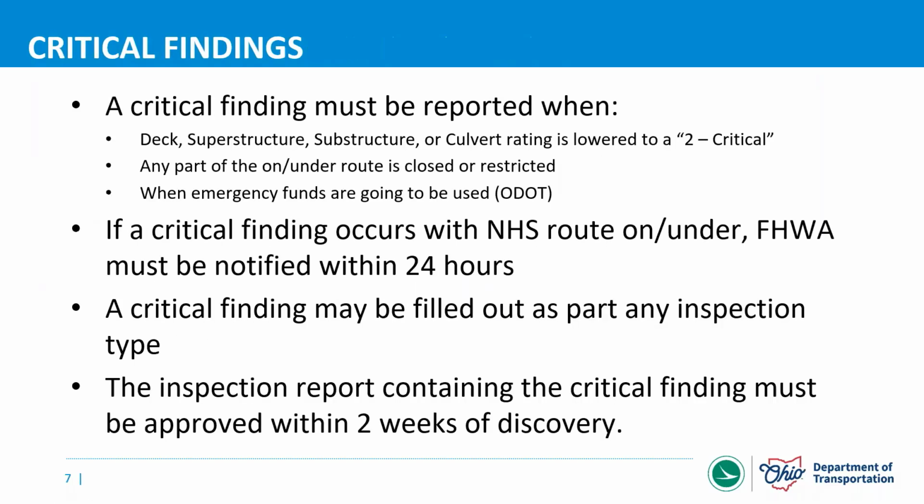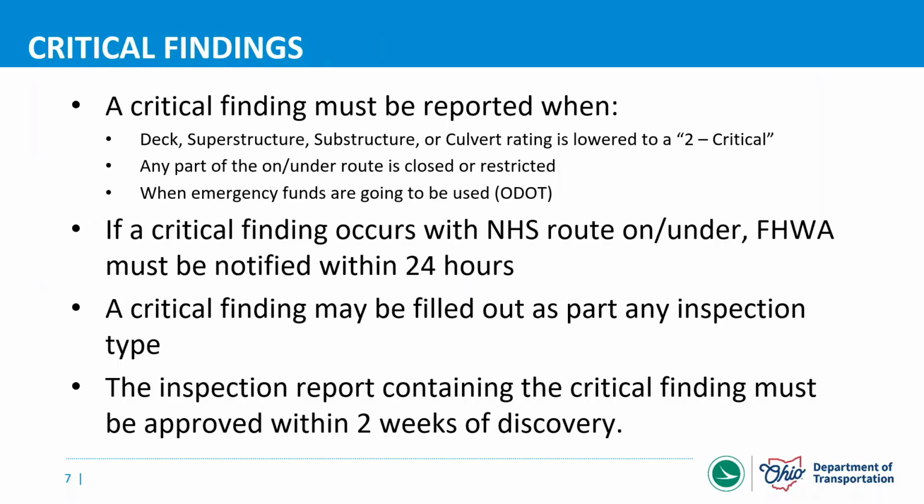Next, we're moving into chapter 2. A few updates, especially for critical findings, can be found in chapter 2 of the updated bridge inspection inventory manual. We would like to touch on the main differences, or updates, since the 2014 manual. A critical finding must be reported when the deck, superstructure, substructure, or culvert condition rating, the 9 through 0, is lowered to a 2 critical.